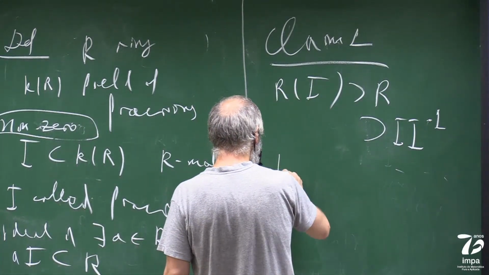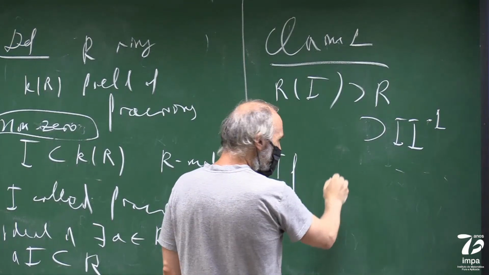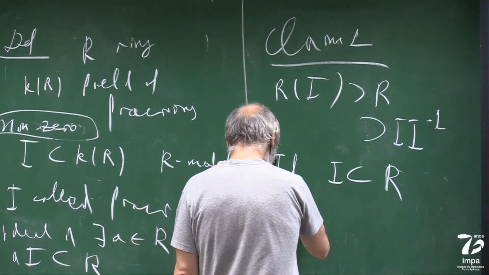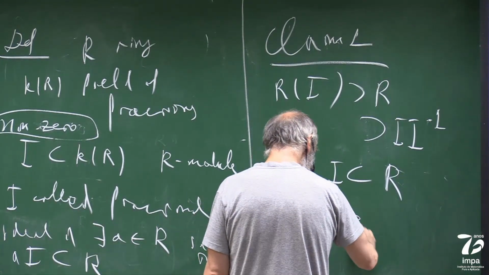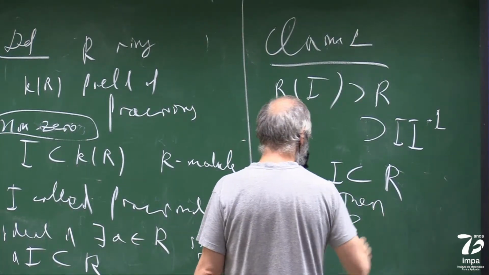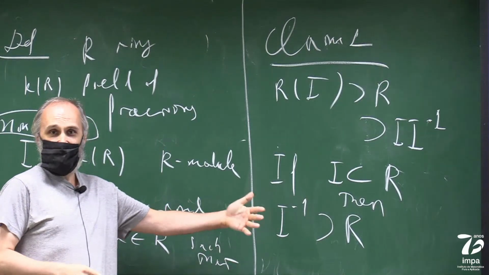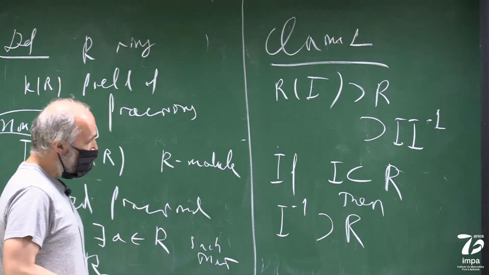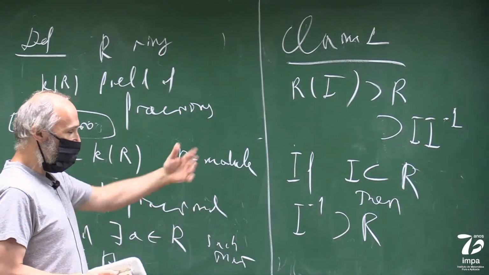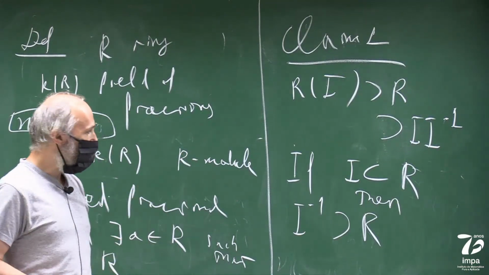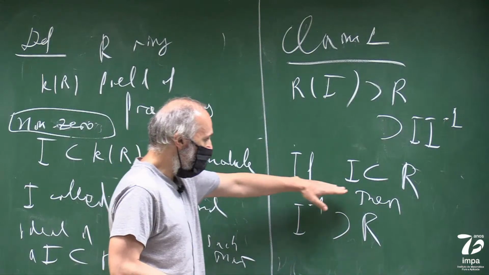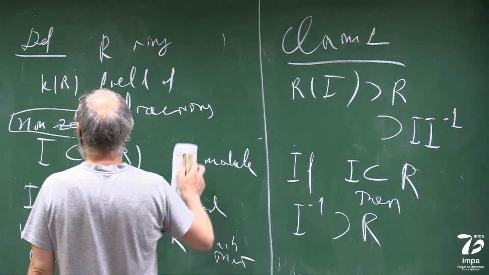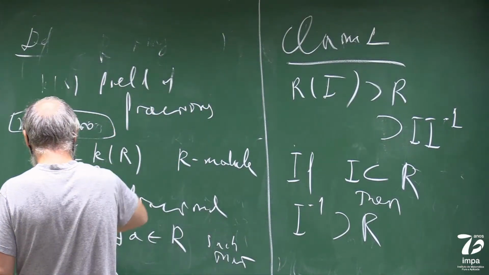And moreover, if I was an ideal inside R, then I minus 1 contains R. So this really behaves like inversion. Of course, if you do I and then I minus 1, it's not an involution. It might happen that, for instance, I minus 1 is R. This happens sometimes. So you can't expect this analogy between numbers and ideals and fractional ideals to be perfect.